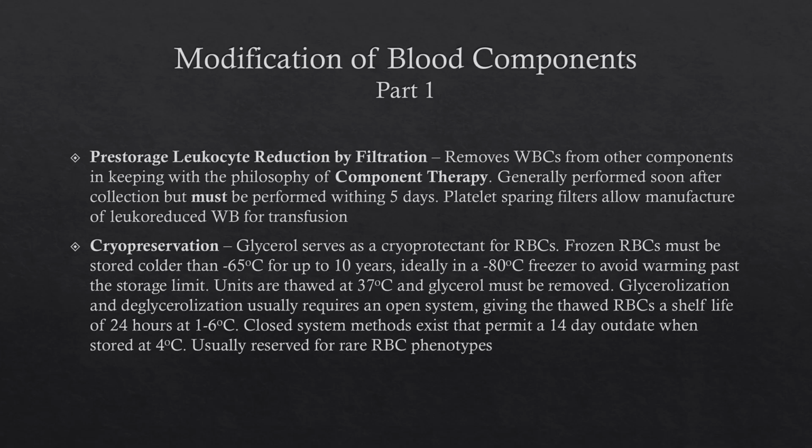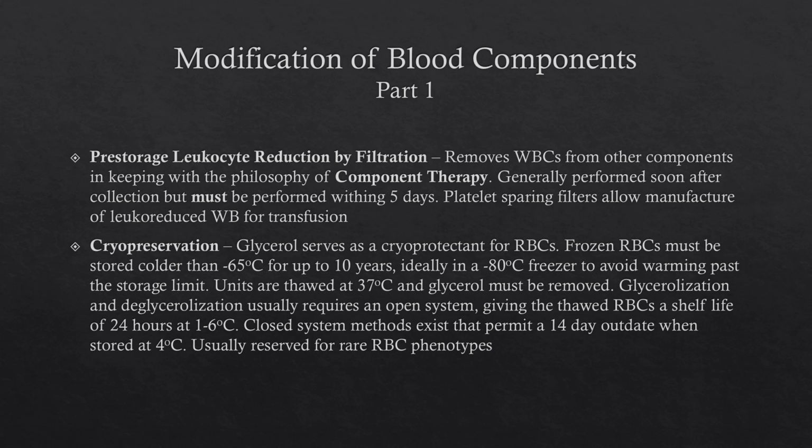Usually that happens just within the first 24 hours of collection, but the filters require it to happen within 5 days. Cryopreservation of RBCs is something that can be done.